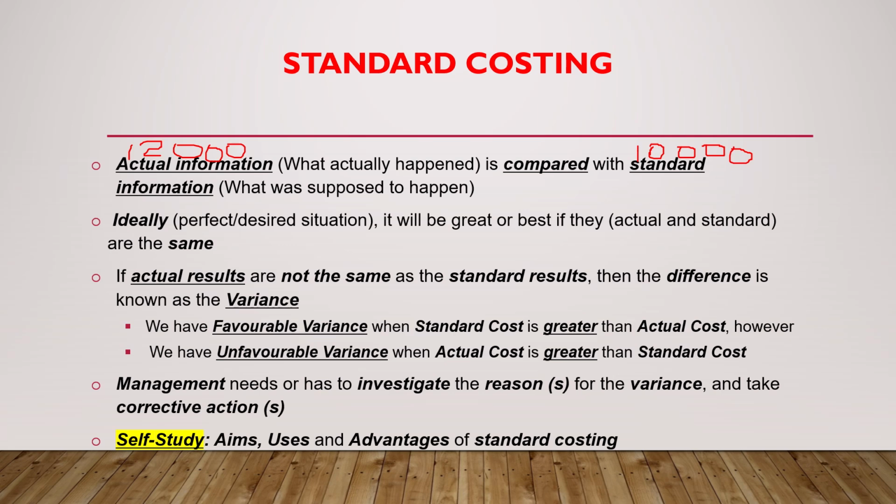This situation is unfavorable because the extra 2,000 he actually spent was not planned for, and it could have been used to do something else. That's why it's unfavorable, because that person had to put in more money. Now, when there's a variance, especially an unfavorable variance, management needs to investigate the reason why there's a variance and take corrective actions.